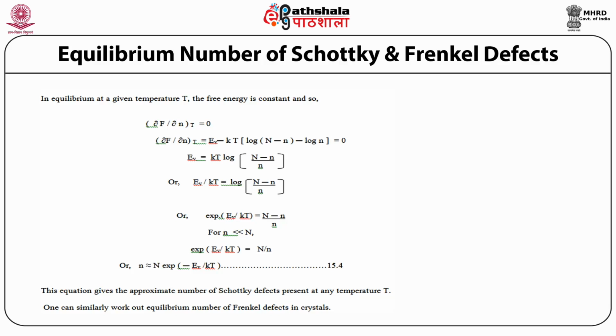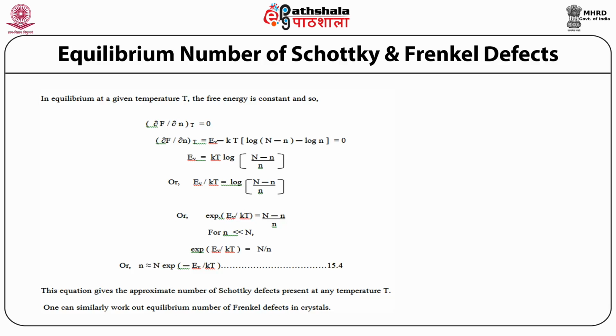Del F by del n at constant temperature is equal to EV minus kT within brackets log of N minus n minus log n is equal to 0. Therefore, EV is equal to kT log of N minus n by n, or EV by kT is equal to log N minus n by n, or exponential of EV by kT is equal to capital N minus n by n.